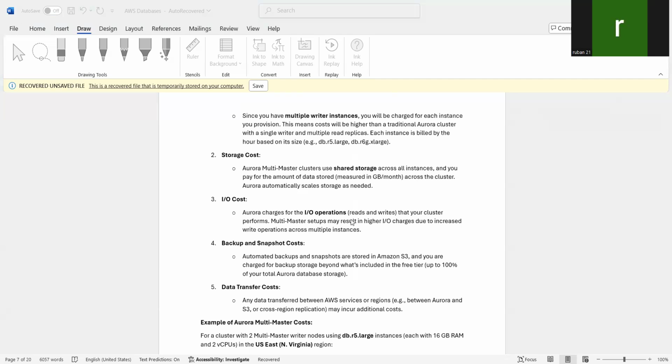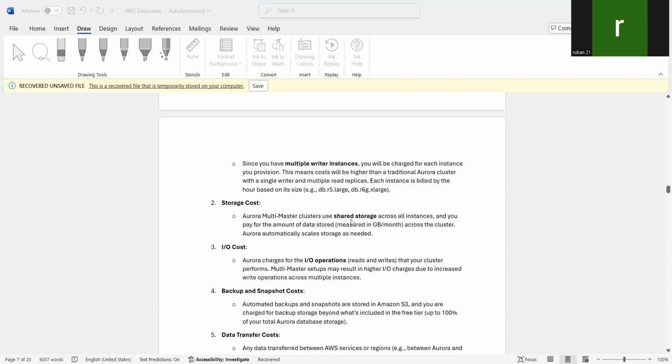Each instance is billed by the hour based on its size, for example db.r5.large, db.r6g.xlarge. Whatever database instance size you provision, the cost is based on that.